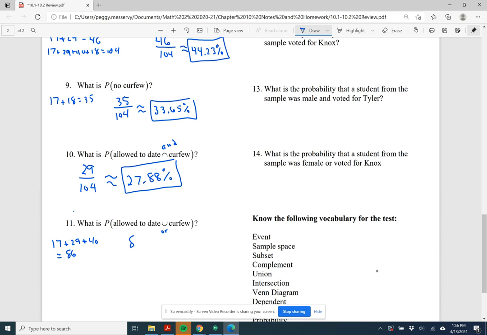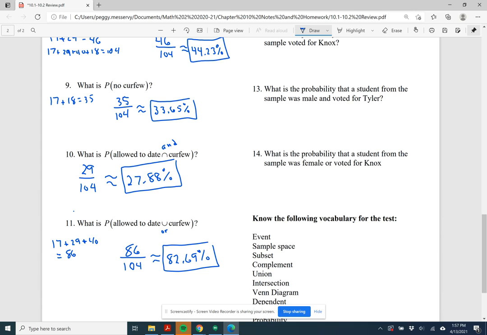So the probability is going to be 86, that's the number of favorable outcomes, divided by the total number of outcomes, which is 104. And changing that to a percent, we get 82.69%. Now, this is not the only way to do the problem.